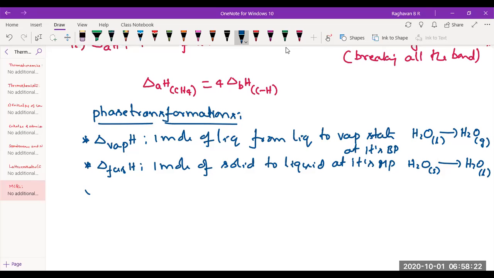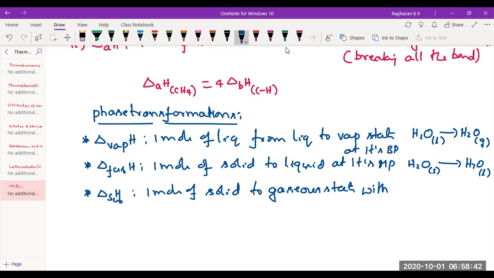Similarly, enthalpy of sublimation. For that, 1 mole of solid to the gaseous state, without entering the liquid state.